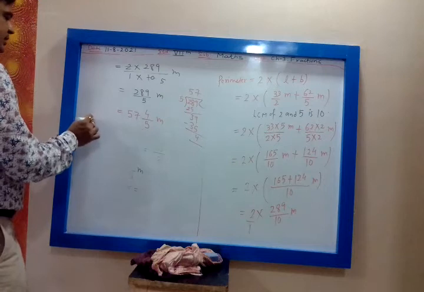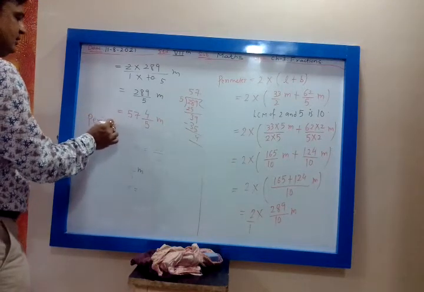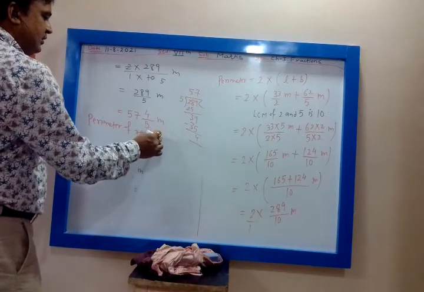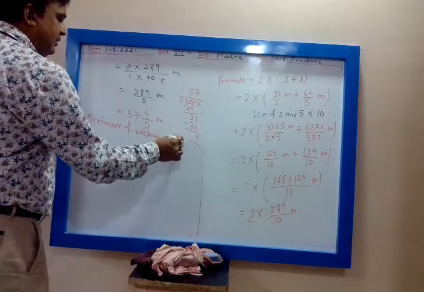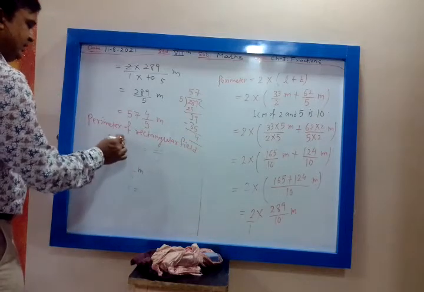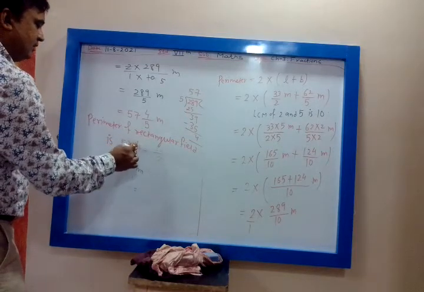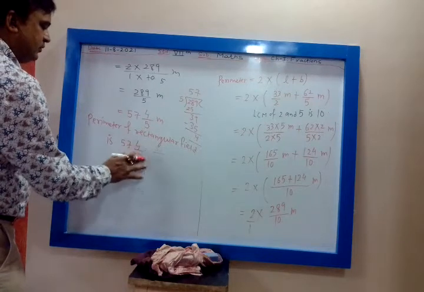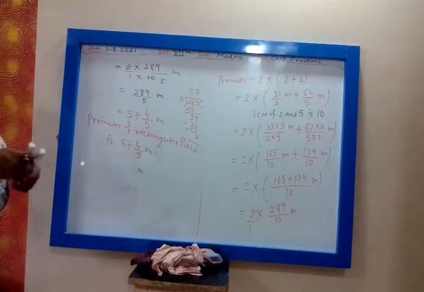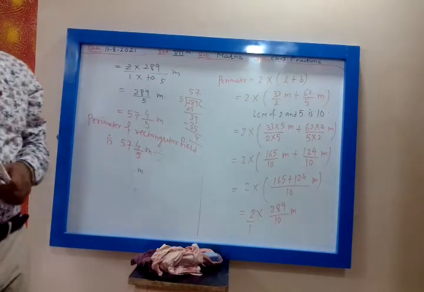So we write perimeter of rectangular field is 57 and 4 by 5 meter. Yes.